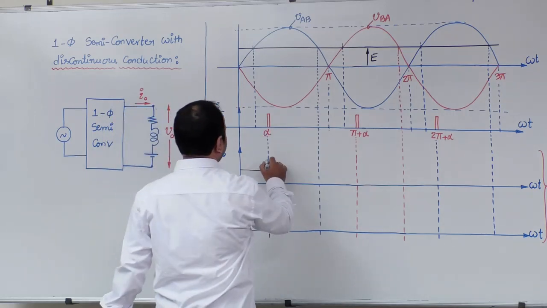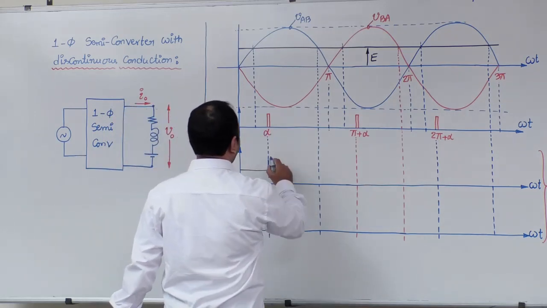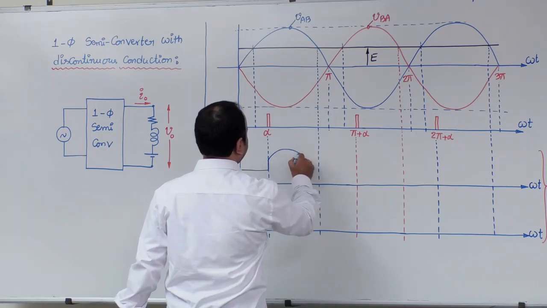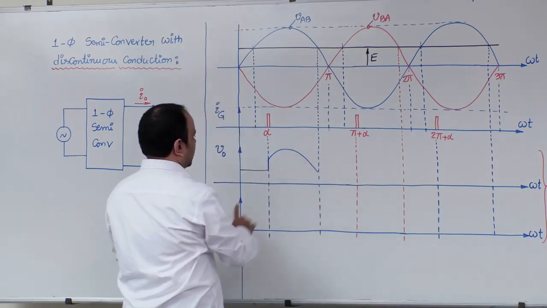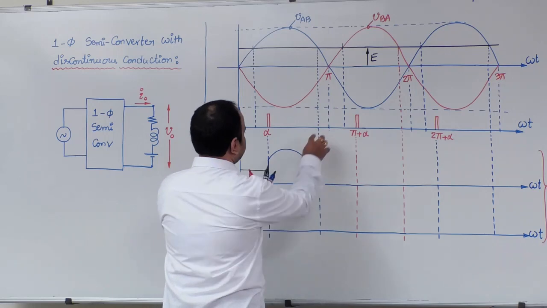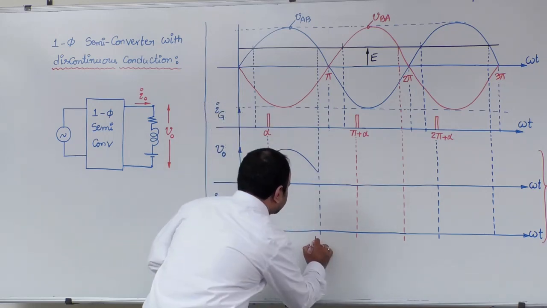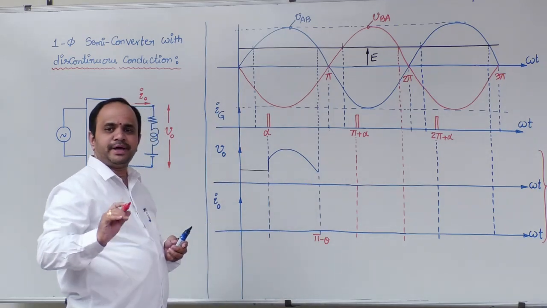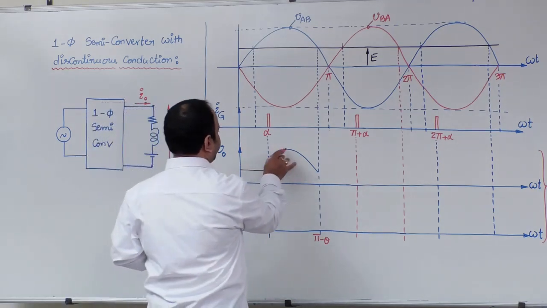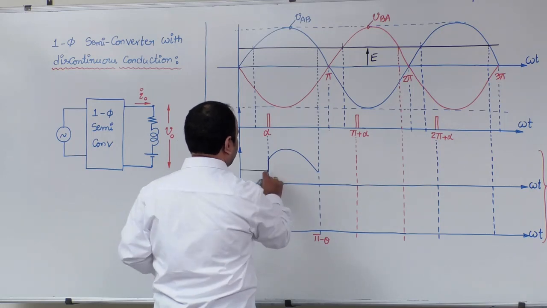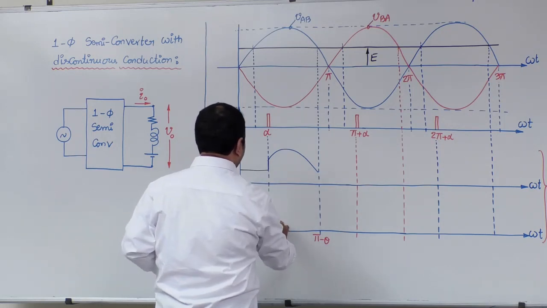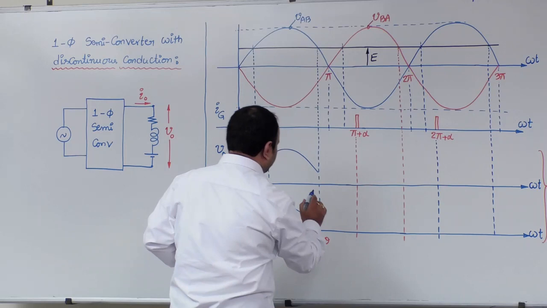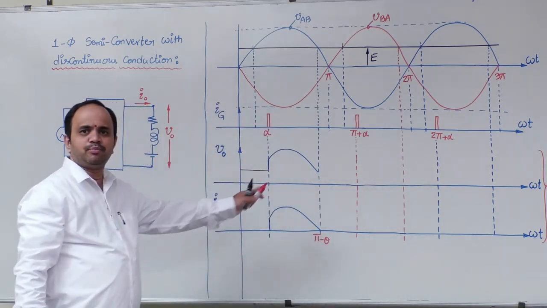At omega t is equal to alpha, first and second position devices will be in conduction. This instant is pi minus theta. From alpha to pi minus theta, output voltage will follow VAB, and output current will simply follow output voltage.